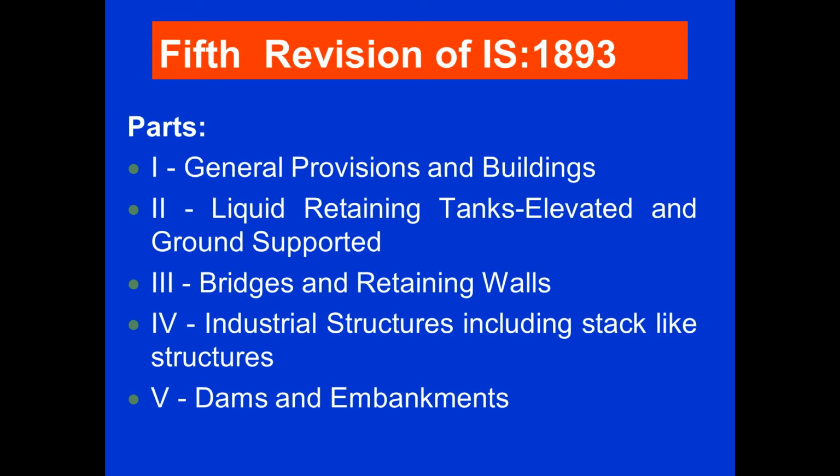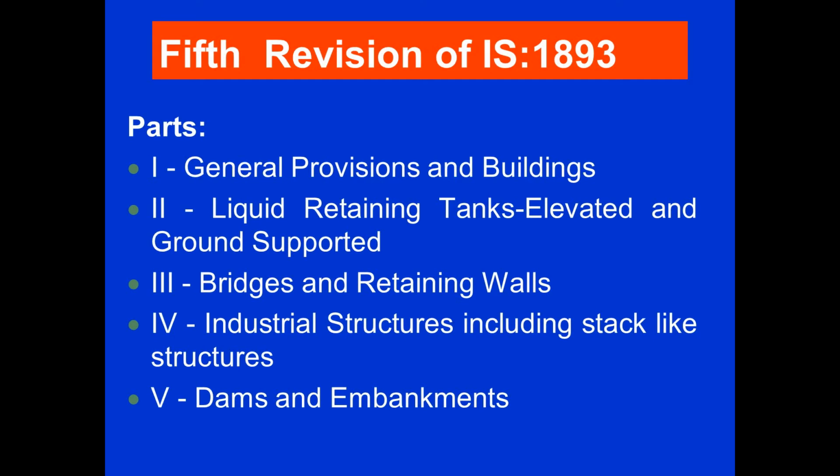we will see the various IS 1893, that is the various earthquake codes which are applicable for different types of civil engineering special structures. First is general provisions and buildings, that is part 1, which is applicable to our syllabus. Second is liquid retaining tanks, elevated and ground supported structures, that is part 2.